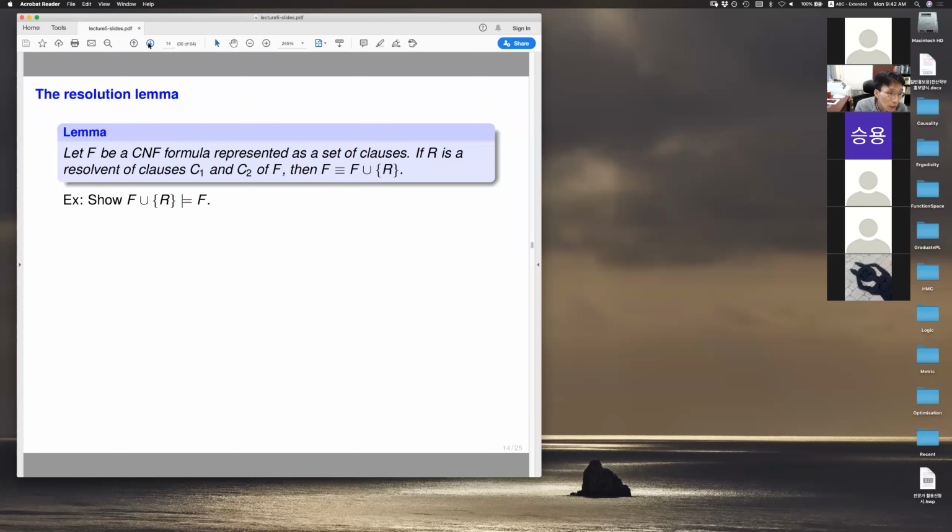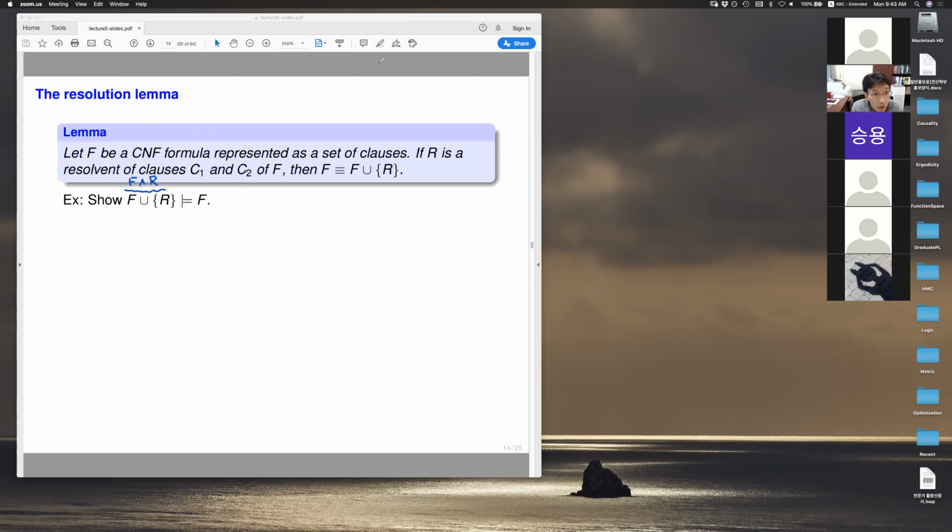One side of this implication is actually quite easy. F union R, because it's a set representation, is the same as, in more logic notation, F conjoined with R. Intuitively, we strengthened F with R, so that should imply F. More formally, any assignment satisfying the conjunction of F and R should satisfy each conjunct, so it satisfies F as well, by the meaning of conjunction.